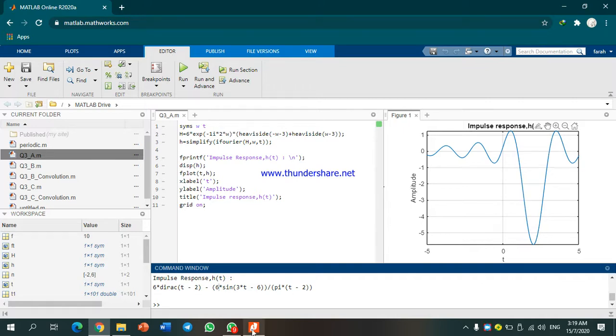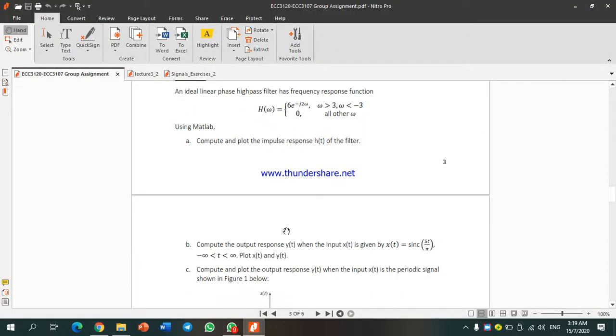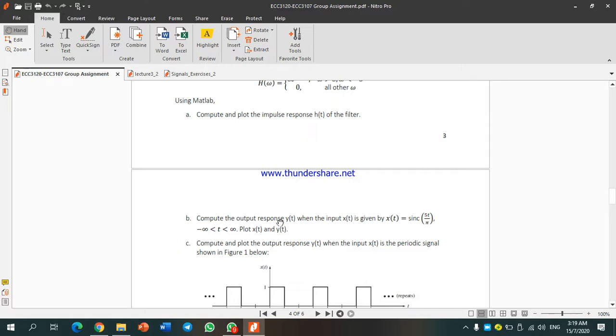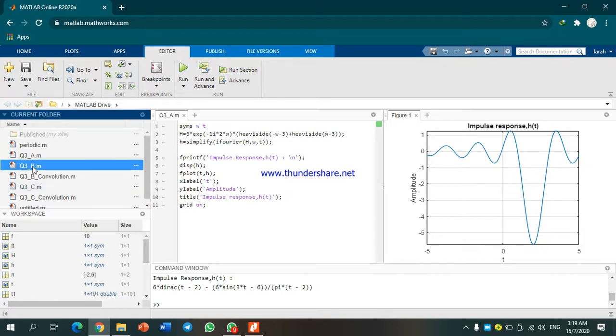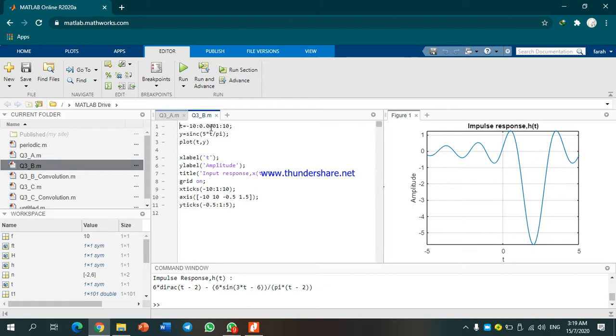Okay, next we will move to the output response for x(t) given by sin(5t) over pi t, and when we plot x(t) and y(t), first I will find x(t). We will compute the sine function.